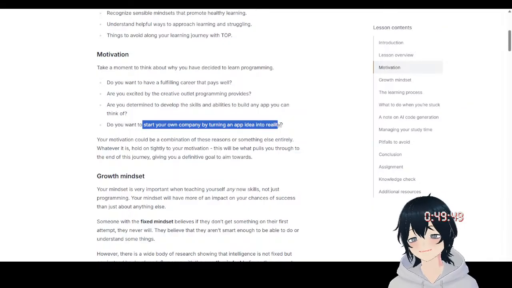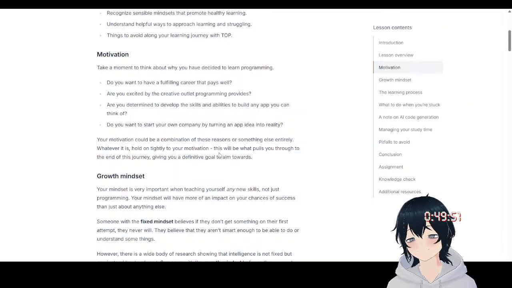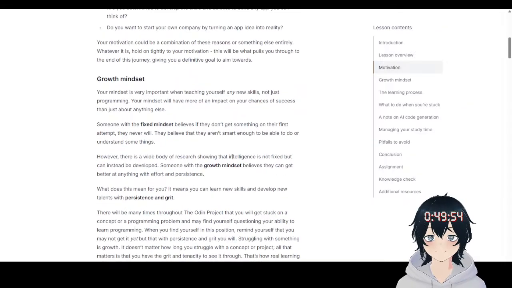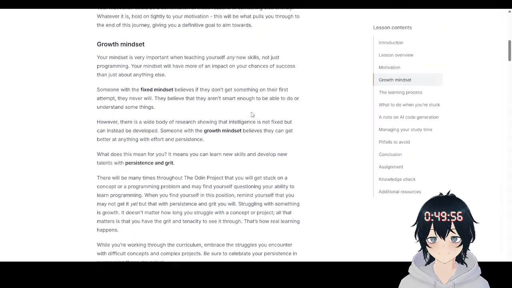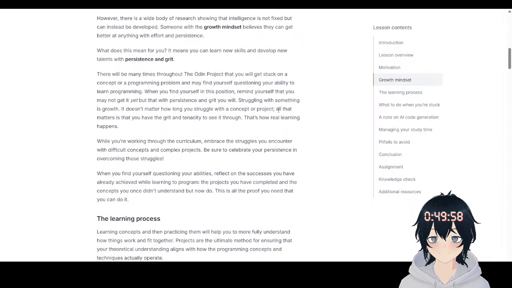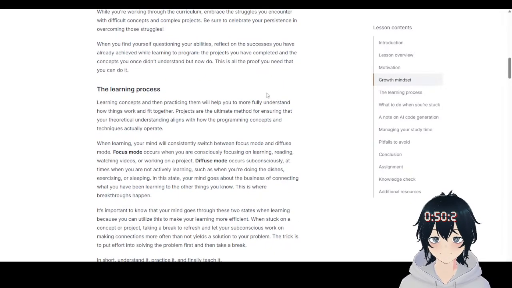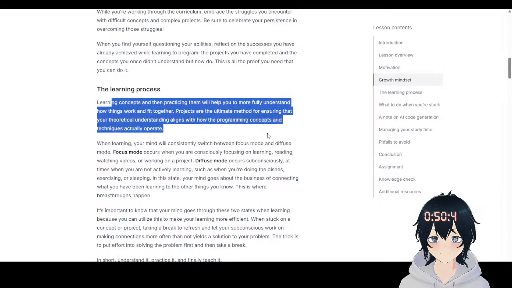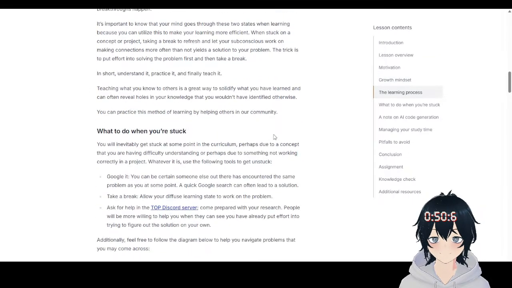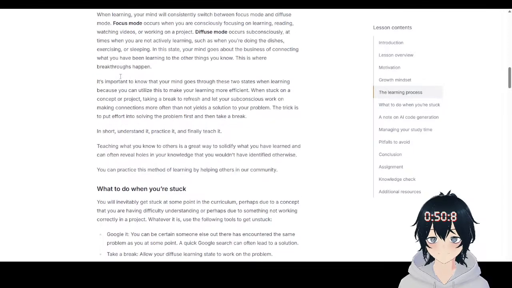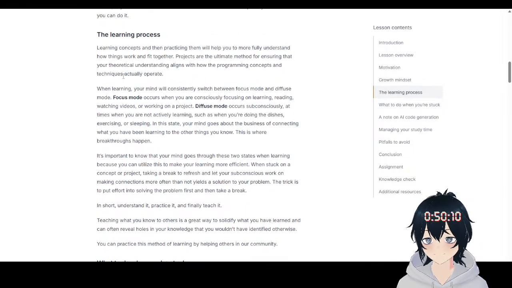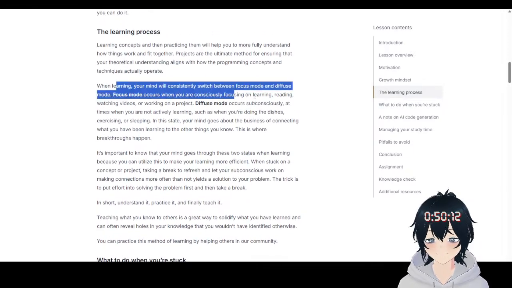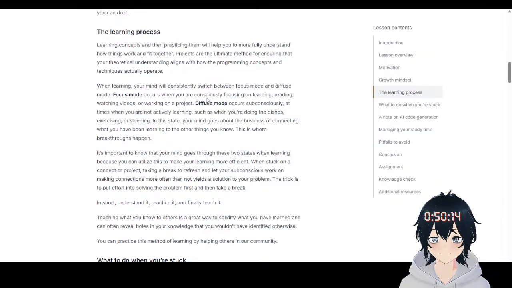Sounds like a plan. Am I skipping things? Focus, yes.